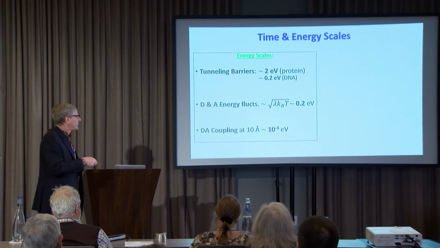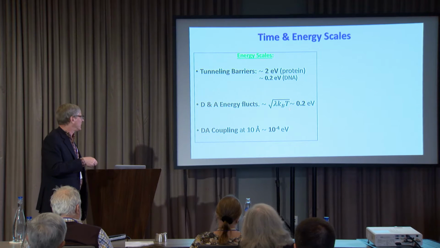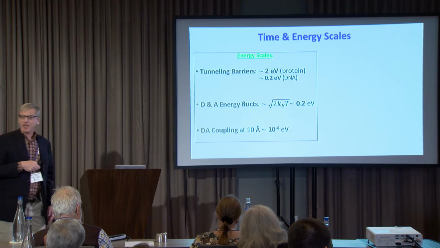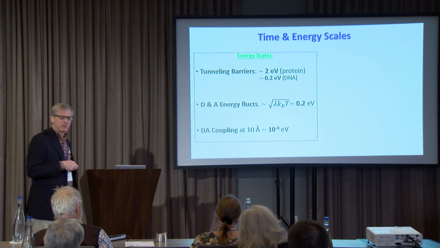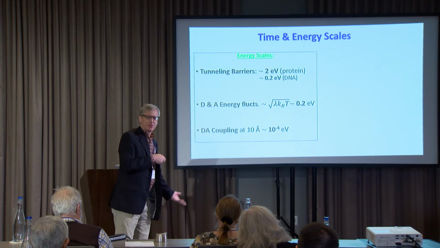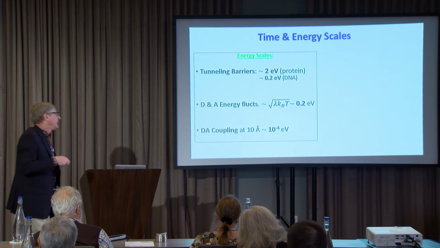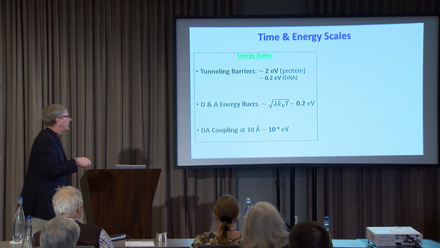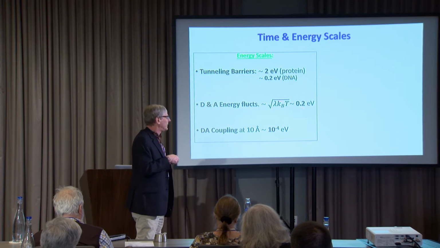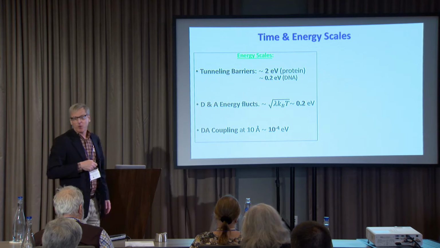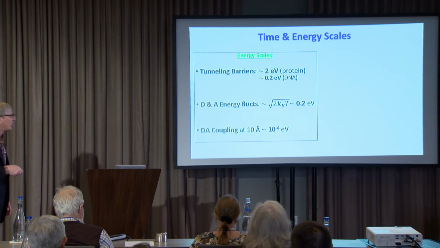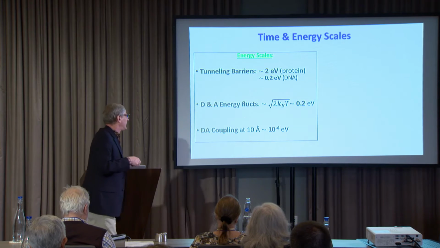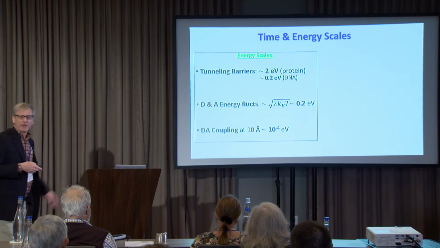The Gaussian widths are related to the thermal temperature, kBT, and the so-called Marcus reorganization energy, which in all the systems we've been discussing today are between half an eV and 1.5 eV. We'll take 1 eV as a typical number. So these non-equilibrium fluctuations are on the scale of 1/4 of a volt. That's important. It's 10 times kBT. Okay? Typical couplings at 10 angstroms are a wave number.